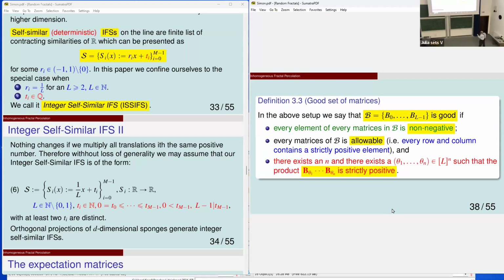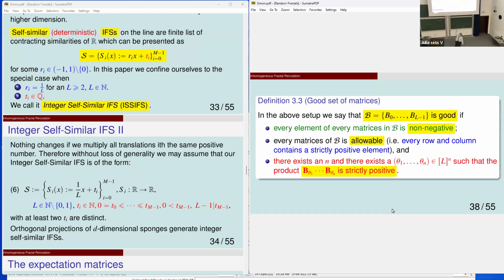And then this is a most important condition, that you are able to find an n, and you are able to find a finite word of length n, such that this product has only positive elements. This condition holds for all the sets of matrices we found.